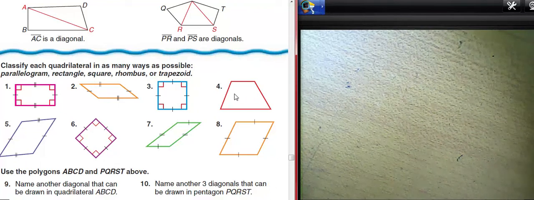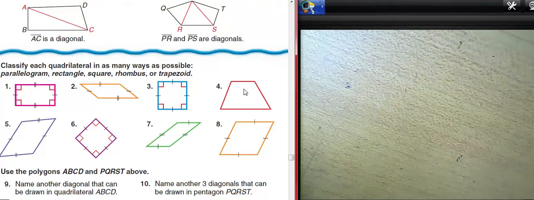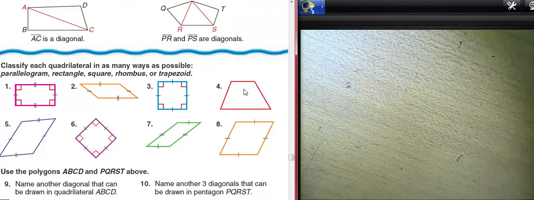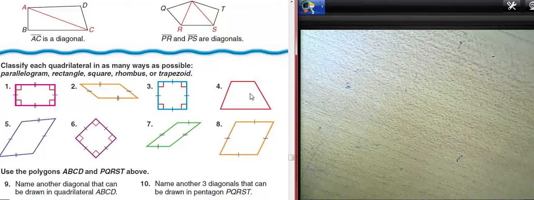It was a trapezium because we have 2 sides parallel and not equal in length. 2 pairs or 1 pair? 1 pair of sides was parallel and not equal in length. Again, was it a parallelogram or trapezium?